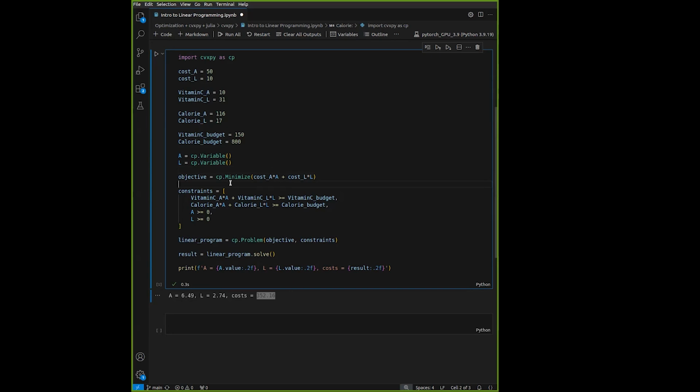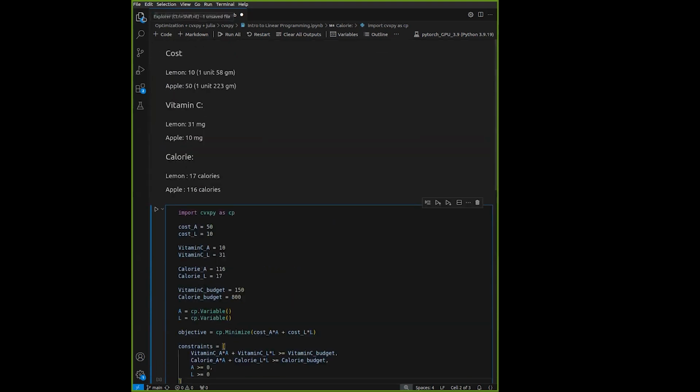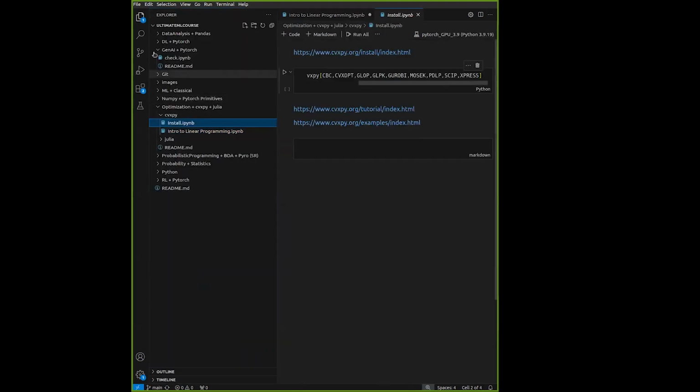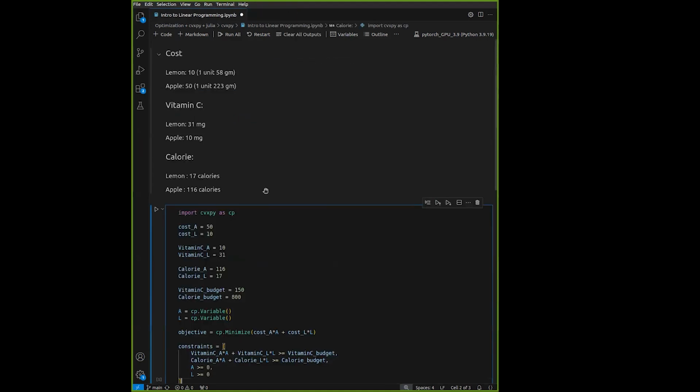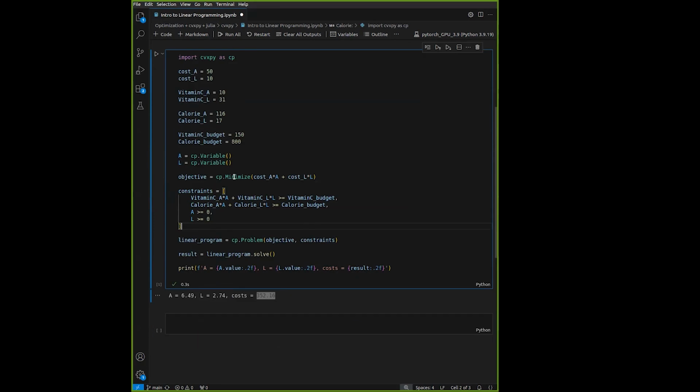And what this library does is it helps us specify our objective, specify our constraints, and it uses multiple solvers in the background. These are solvers like CBC, cvxopt, and there are multiple solvers, right? So in the background, it creates what is needed from these specifications and calls those solvers.